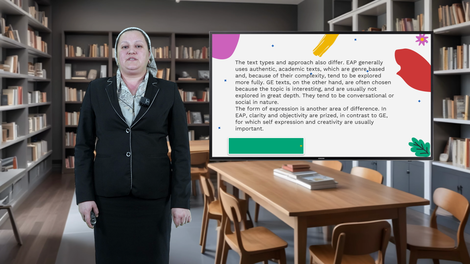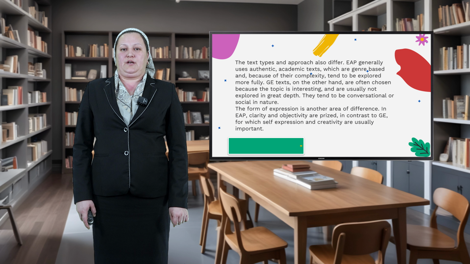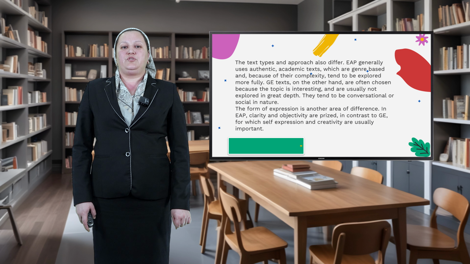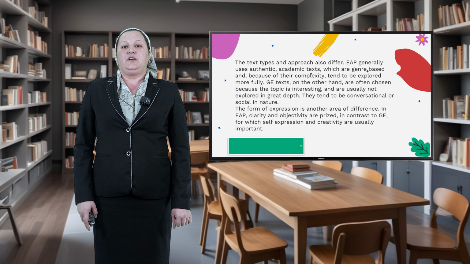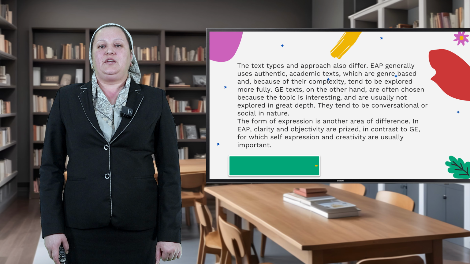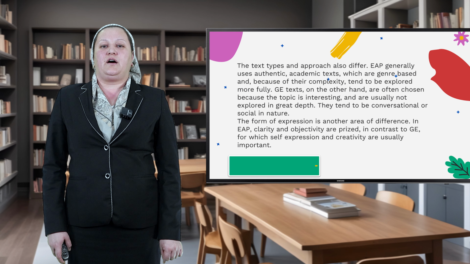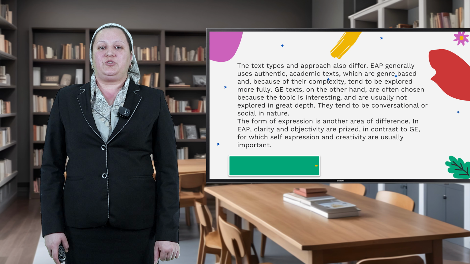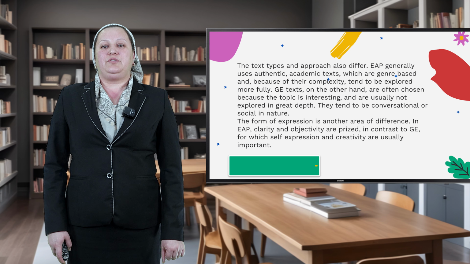The text types and approach also differ. EAP generally uses authentic academic texts, which are genre-based and, because of their complexity, tend to be explored more fully. General English texts, on the other hand, are often chosen because the topic is interesting and are usually not explored in great depth.